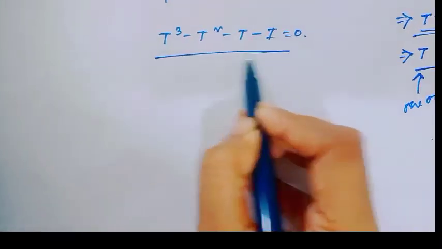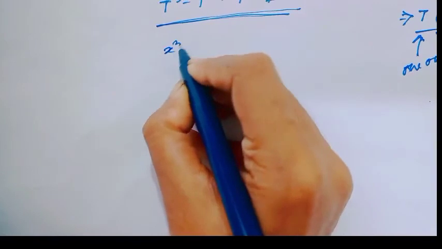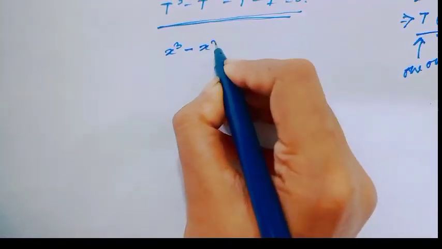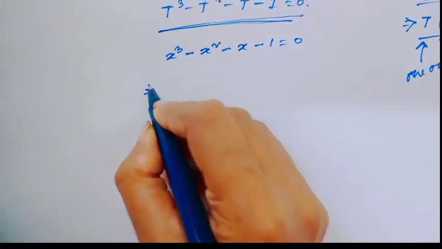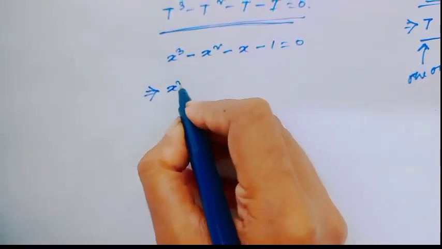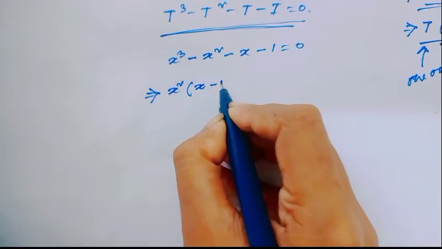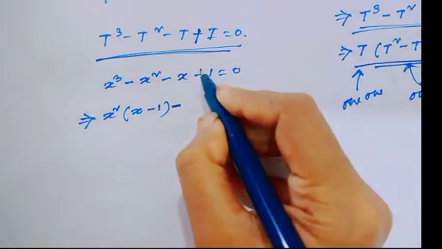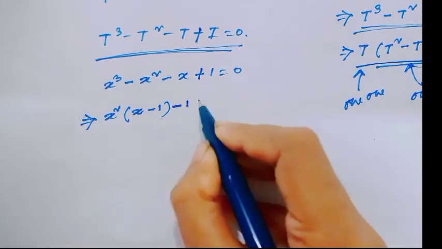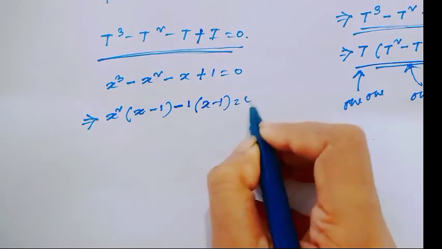Since this annihilates the operator T, the annihilating polynomial is x cube minus x square minus x plus 1 equal to 0. We can write this as x square times x minus 1 minus 1 times x minus 1 equal to 0.